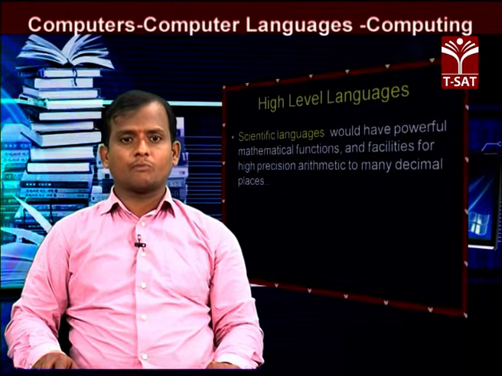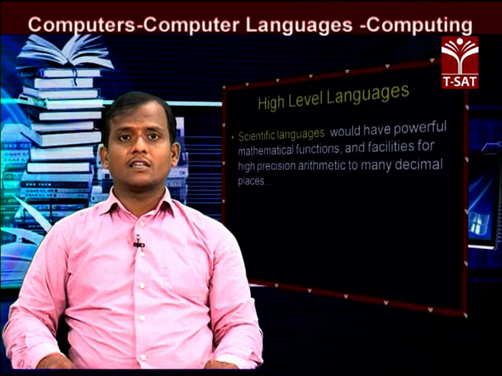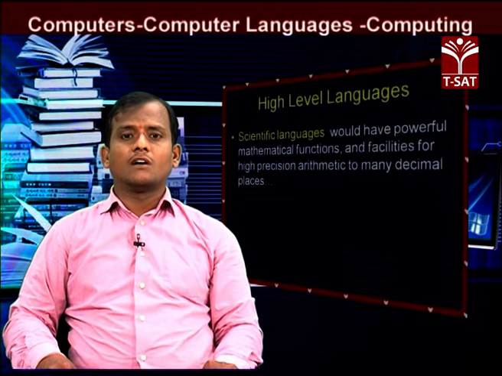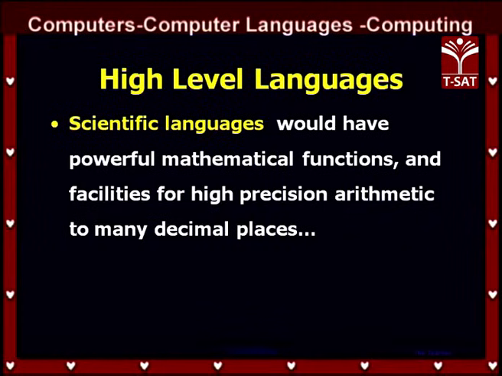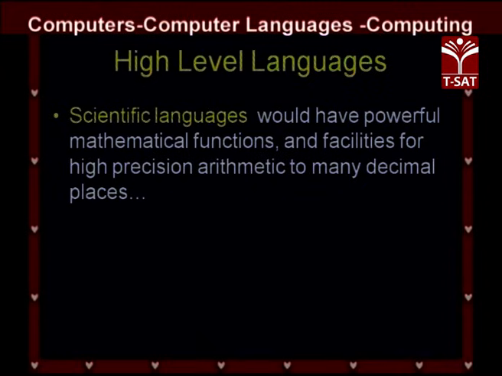Again, as I said, a few languages are specific to a few technologies, tasks or areas. For scientific development, or for a satellite to communicate, we go for scientific languages.